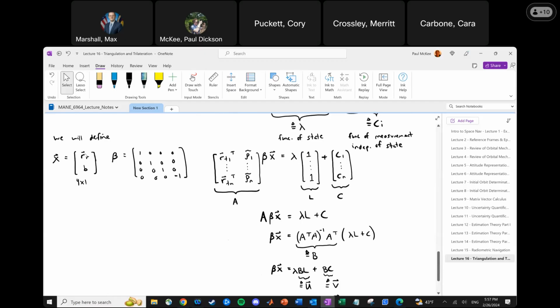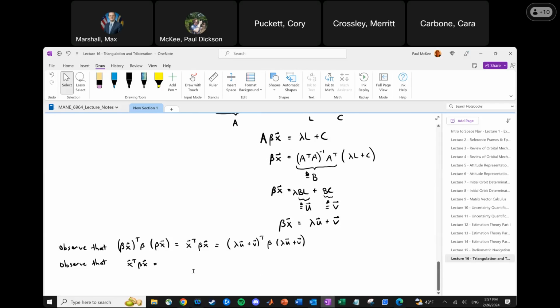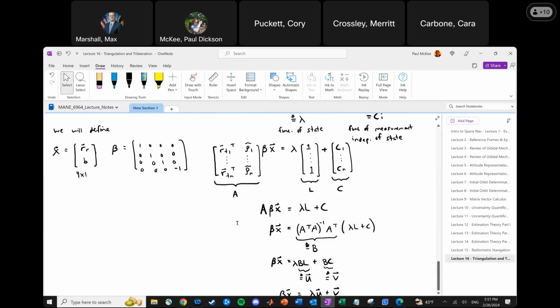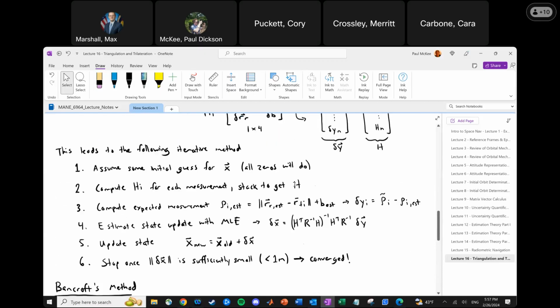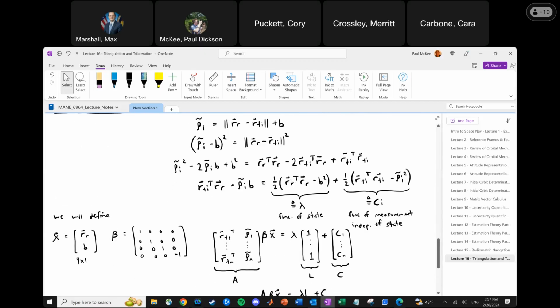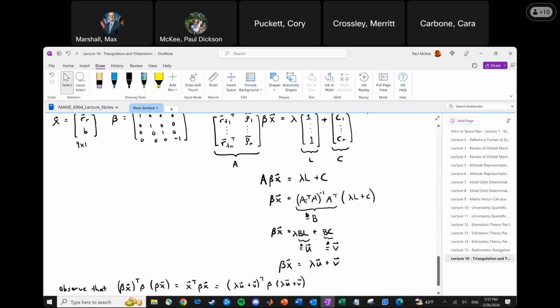So the position transpose, so this whole state transposed with itself, and then with the beta in there, which changes one of the signs, that's just going to be r sub r transpose r sub r minus b squared. But that's exactly the same thing as 2 lambda, right? When we originally defined what lambda was all the way up here, it's r sub r transpose r sub r minus b squared. So we found a way to turn the state into lambda again.